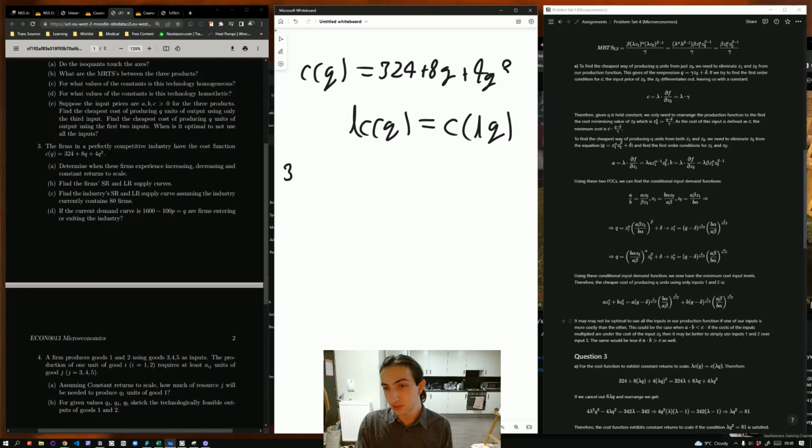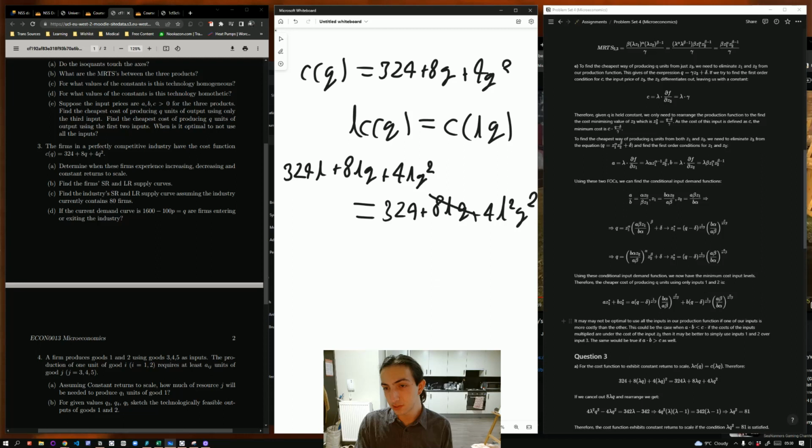So 324 lambda, I'm doing the first one here, 324 lambda plus 8 lambda q plus 4 lambda q squared is equal to 324 plus 8 lambda q plus 4 lambda squared q squared.